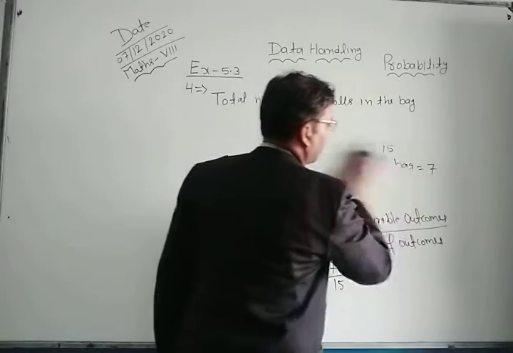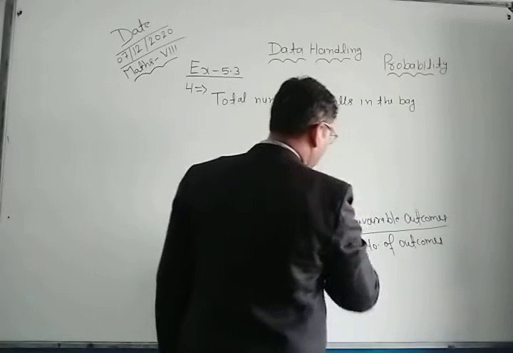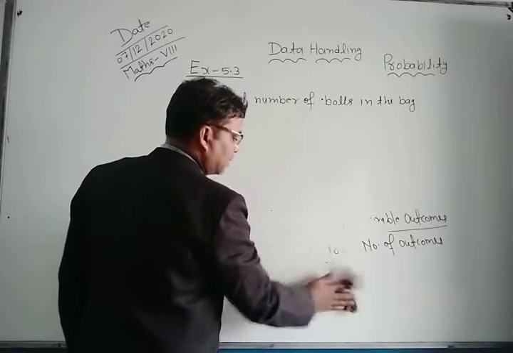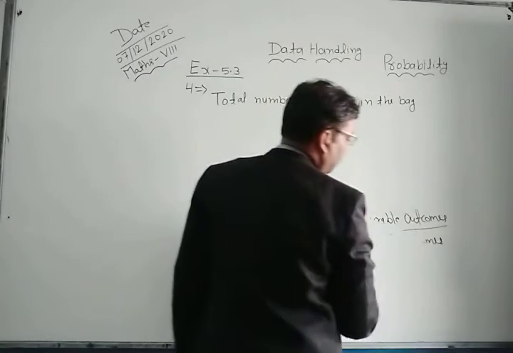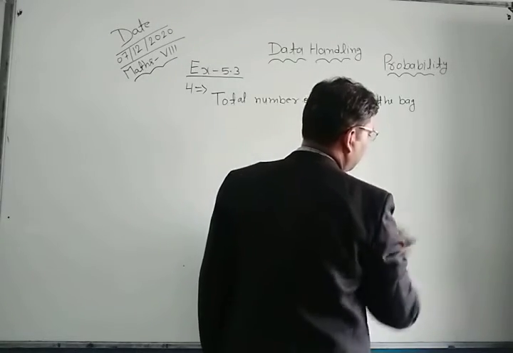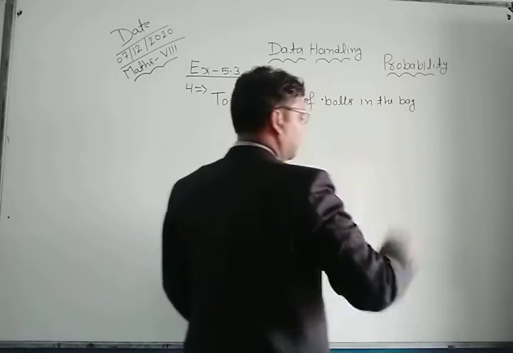The number of green balls in this bag is 5. This is given in the question. The total number of balls in the bag, you know very well, is 7 plus 5 plus 3, which is equal to 15.